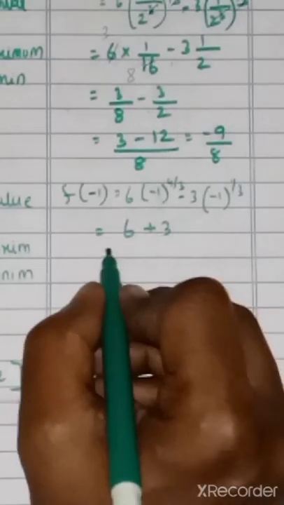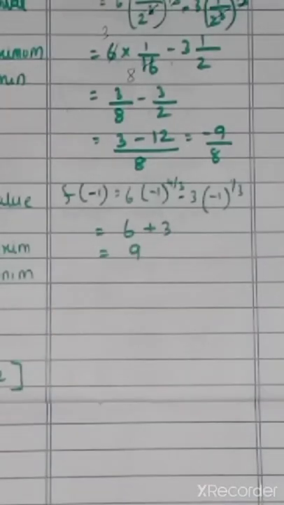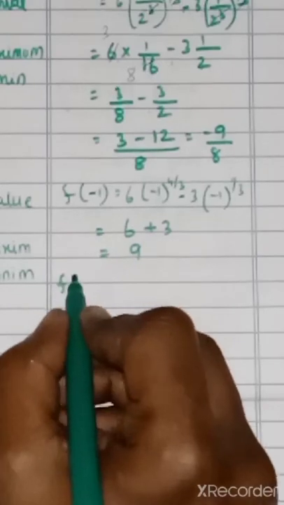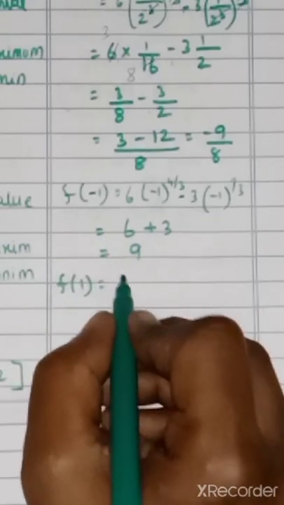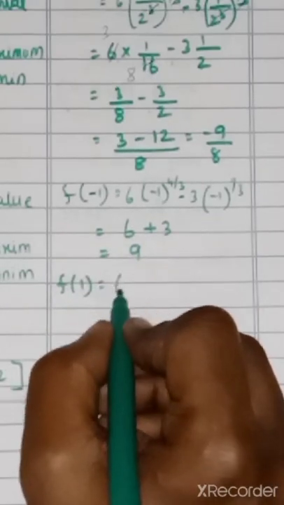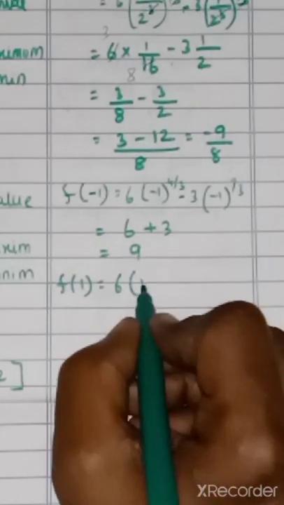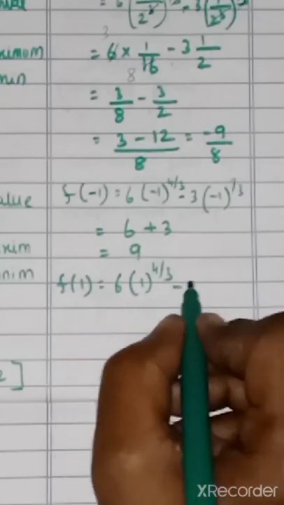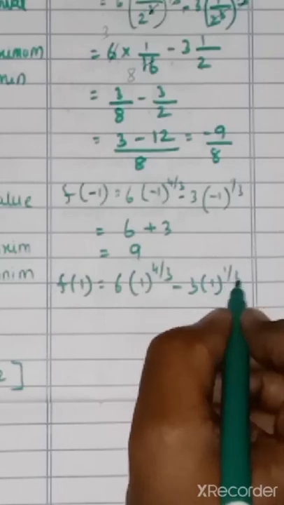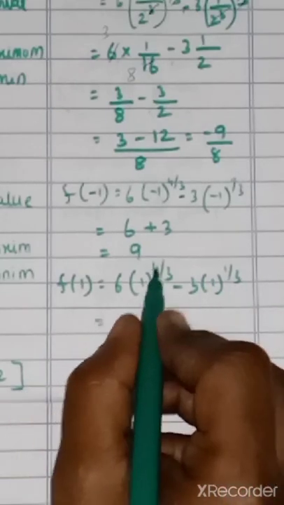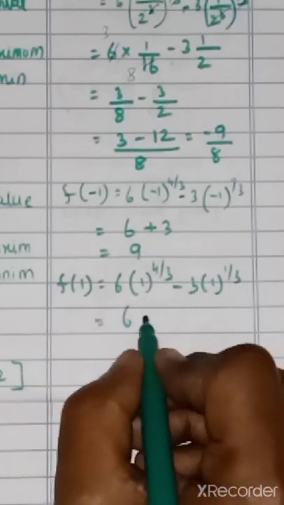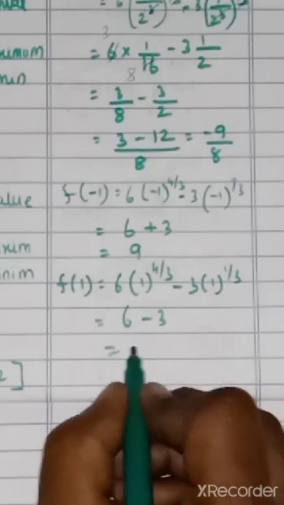So 6 plus 3, which is equal to 9. Next, f of 1 we are going to substitute. So f of 1 is 6 into 1 power 4 by 3 minus 3 into 1 power 1 by 3, and 1 power anything is 1 only. So 6 minus 3, which is 3.